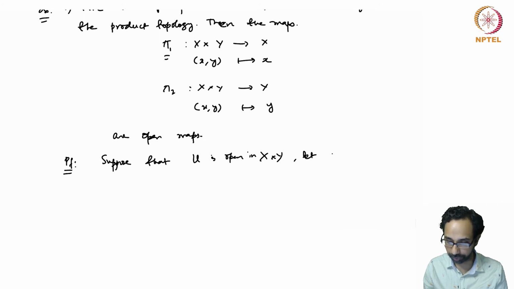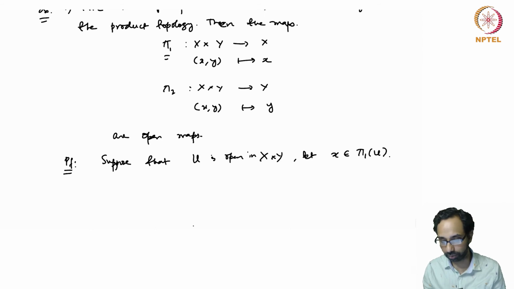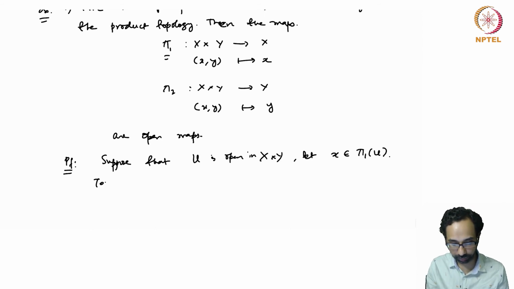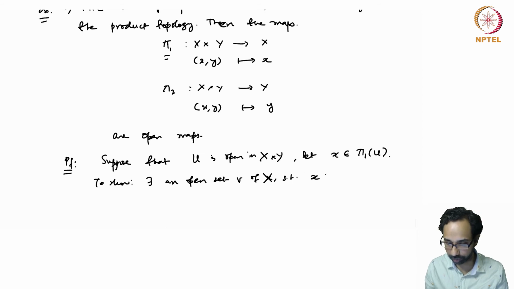So let x belong to pi1 of U. Now if we can show that there exists an open set V of X such that x belongs to V and it is a subset of pi1(U), then this will imply that pi1(U) is open.